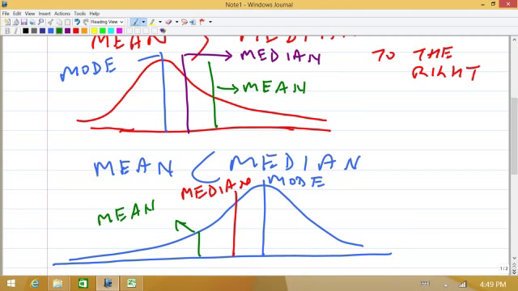So when I give you a data set and you calculate the mean, median and mode, if the mean tends to be lower than the median, we can say the data is skewed to the left.